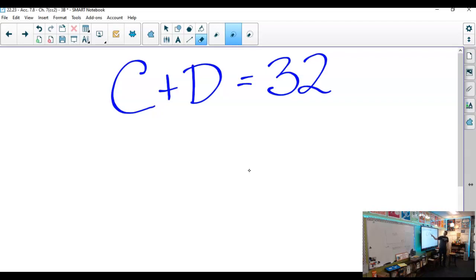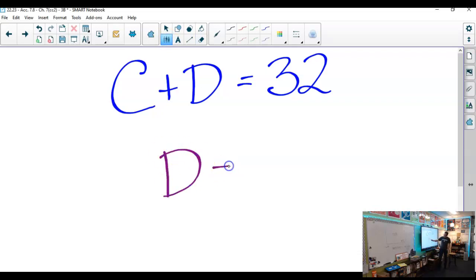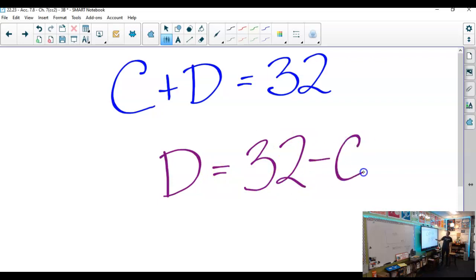So, since I know c plus d is 32, and I'm a dog person, so I'll talk about the dog, how much does the dog weigh? That's a dog. 32 minus the cat.